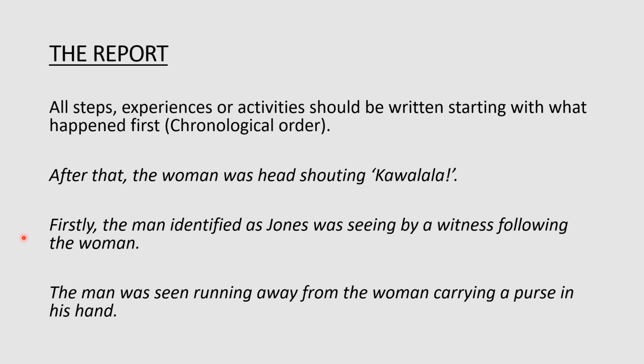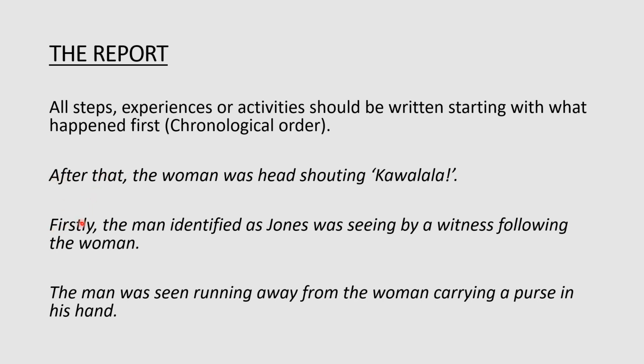After that, of course, when there's an "after that," it means there must be something before that. So after that, the woman was heard shouting Kawalala. What made this woman shout Kawalala? Firstly, the man identified as Jones was seen by a witness following the woman. Maybe this man is what made the woman shout Kawalala. So we expect this point to come first.